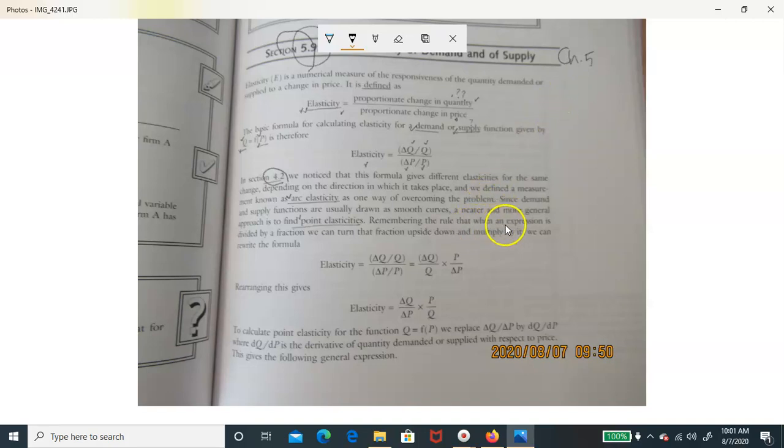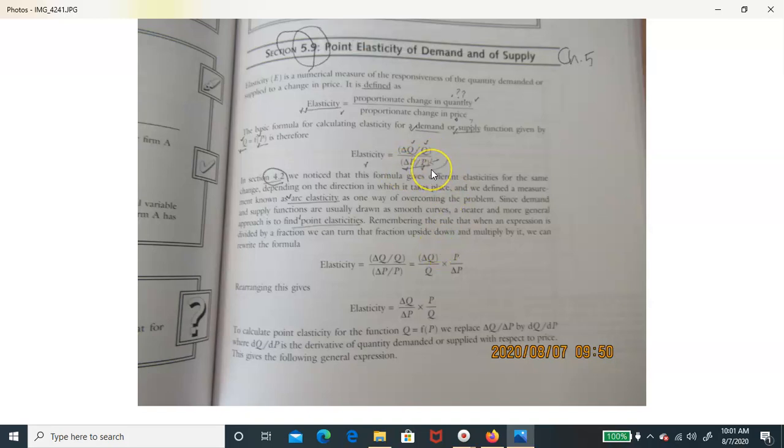Remembering the rule that when an expression is divided by a fraction, we can turn this fraction upside down and multiply by it, we can rewrite the formula. Here the numerator is the proportionate change in quantity, divided by the proportionate change in price, but this itself is a fraction.